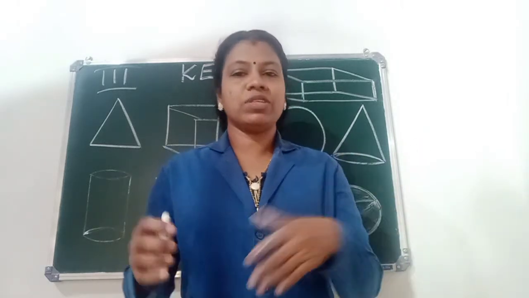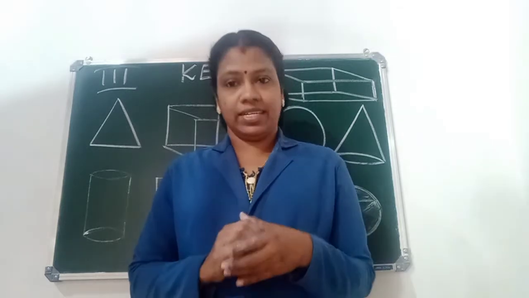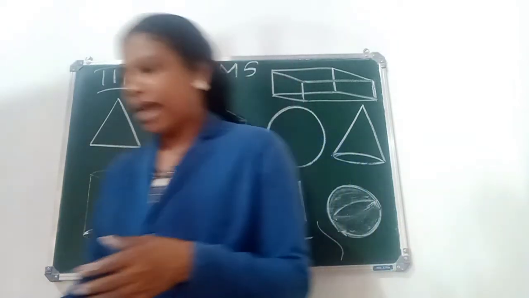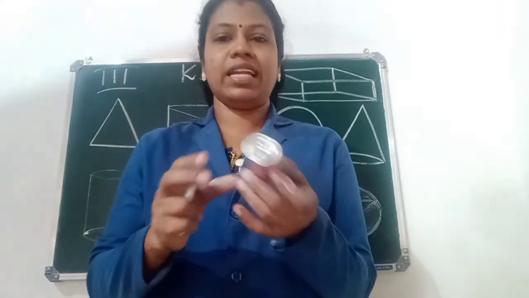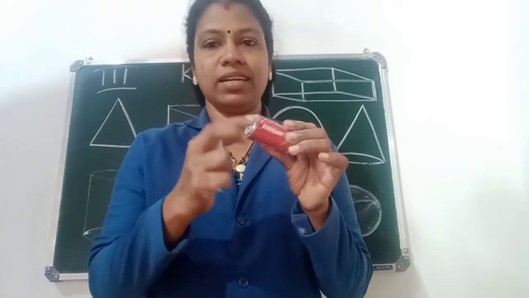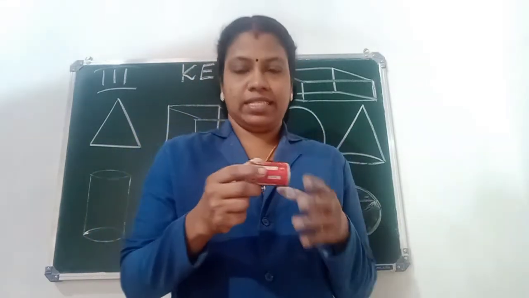Now observe the things which have curved edges. Now I have an object having a curved edge. This is a battery. It has only curved edges. Here is one edge, and here is also one edge.